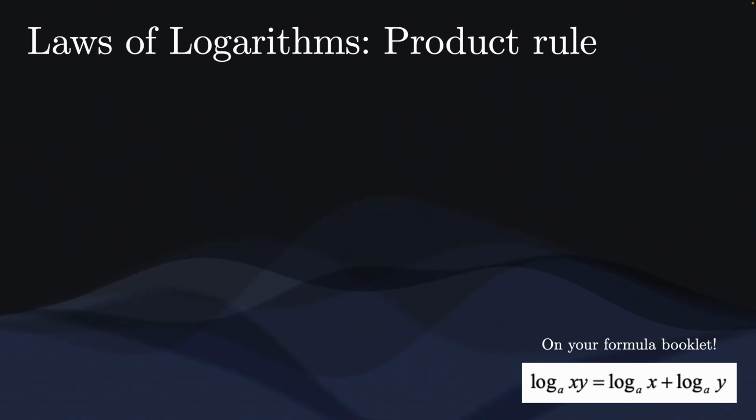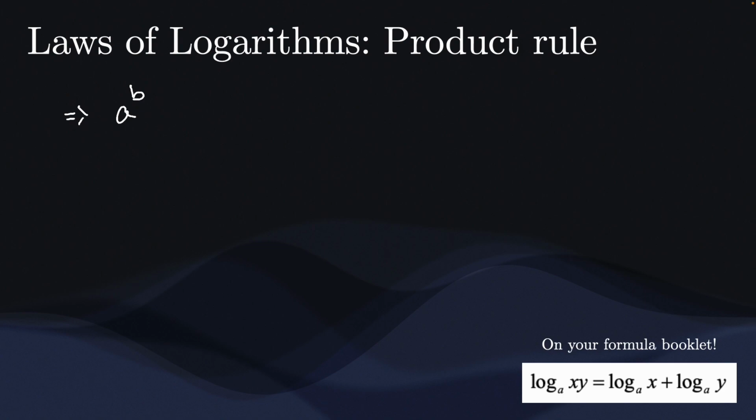So let's start off with this. Let's say we have some number a to the power of b, and then we multiply that by a to the power of c. Remember our rule from exponents, we say that that's a to the power of b plus c.